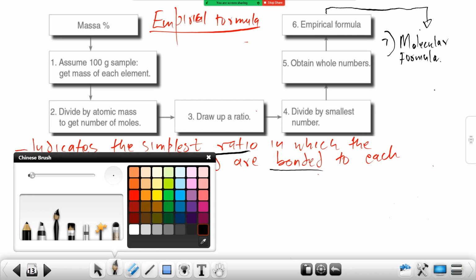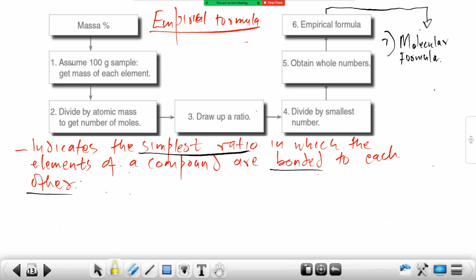So step 1 says we must always assume that we are working our mass in terms of a 100-gram sample. We must always assume. So if you are given mass, then that mass must be converted to the number of moles. If we are given a percentage, that percentage must be converted to the number of moles.